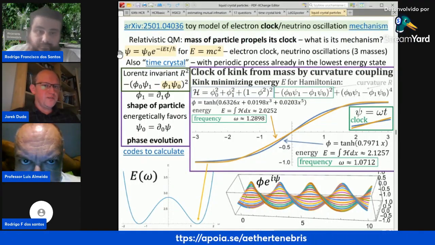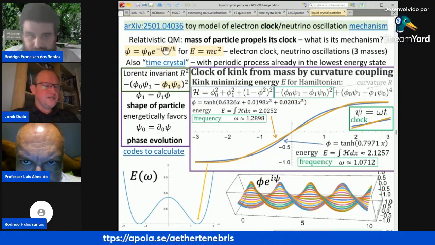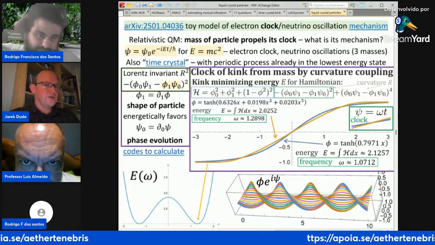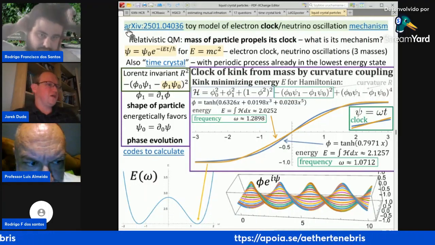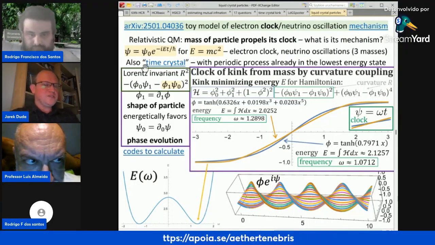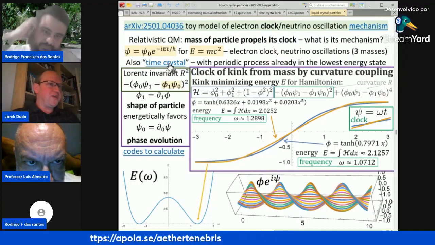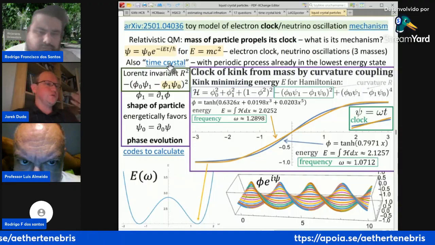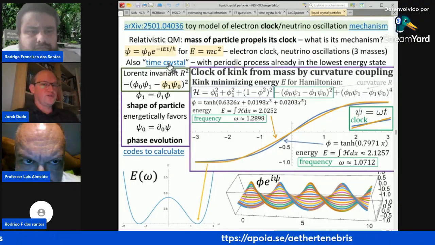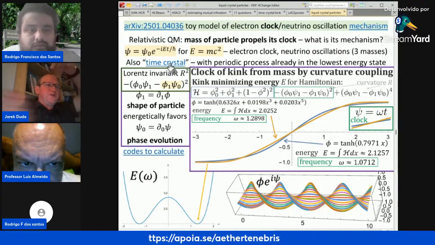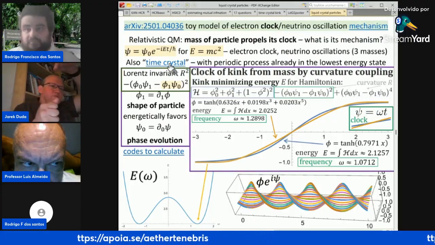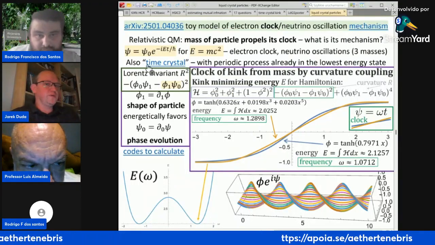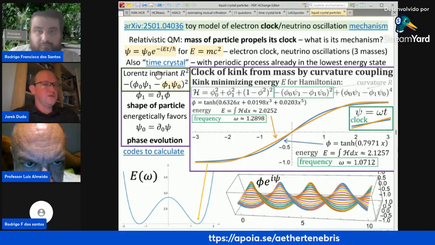If you have this quantum phase evolution as energy, we need to put in the mass. So a resting particle already has oscillations, and it is confirmed for the electron, for example. And there is the recently popular time crystal field, where they search for an object which in its lowest energy already oscillates. A pendulum is not like that, because you can slow it down to zero, but the electron and neutrino satisfy this property. A resting electron and neutrino already oscillate.